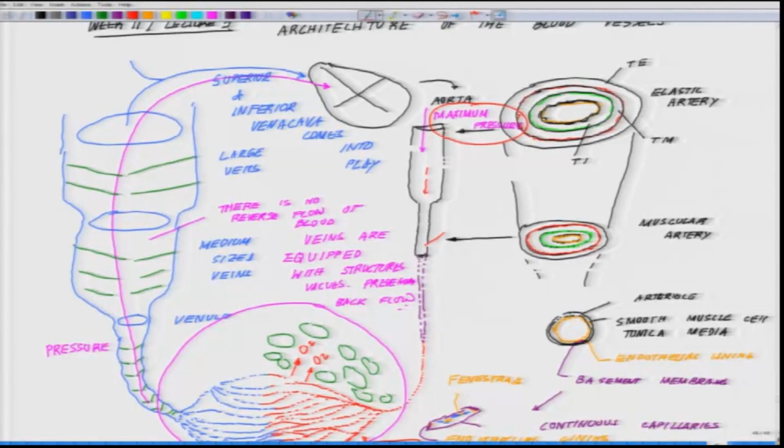Unless otherwise needed, doctors prefer to puncture the veins for blood collection instead of hitting the arteries. This is something which should strike you, why they look for the veins.